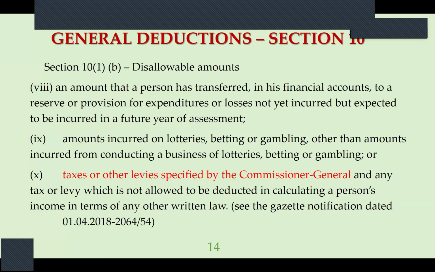Those are allowable, for example bad debts, then depreciation. That kind of thing is allowable when we are calculating book profit, but for taxation, we do not allow that kind of provision.